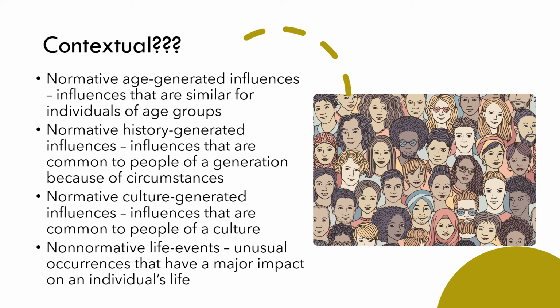Another thing that needs to be considered is that, just like we talked about with the snowflake analogy, each person is unique, and each person's individual life experiences can have an impact on where they're at on a lot of different things.